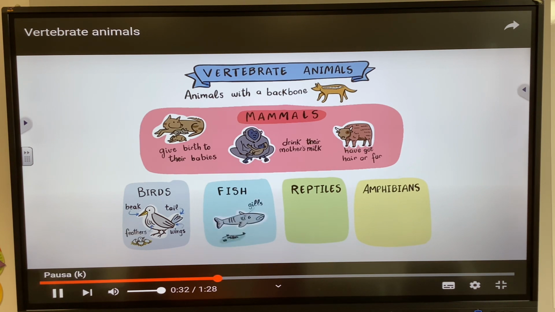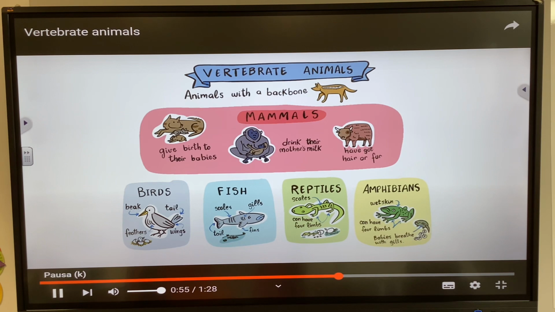Fish have got gills to breathe in water. They've got fins, a tail, and scales. Reptiles have got scales, and most of them walk on 4 legs. Amphibians have got moist skin, and most have got 4 legs. Baby amphibians breathe with gills.